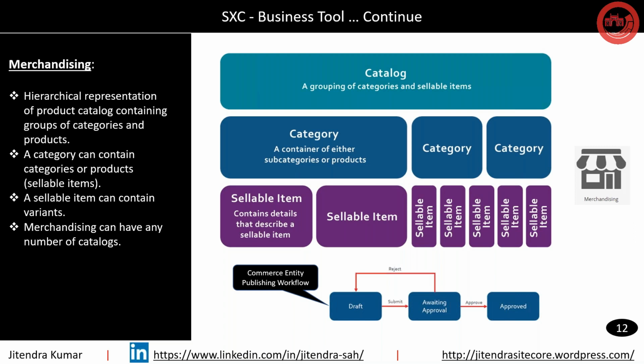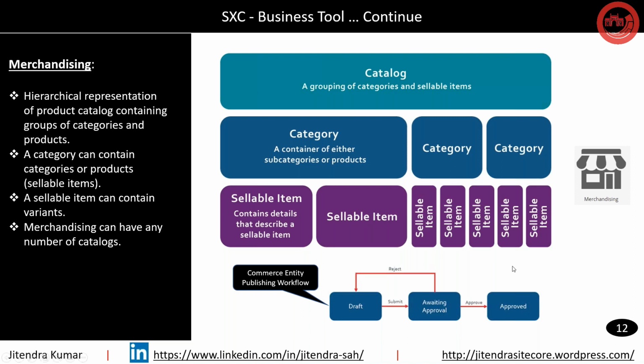There can be many reasons. Even the currency and the taxation system are different, so the pricing would be different. So ideally, if you have a different storefront, you should have a different catalog, and one storefront can have only one catalog.